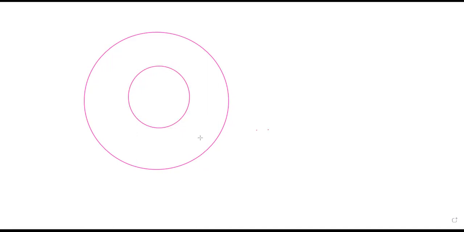Then this is the diameter of the first one, and this is the diameter of the second one.